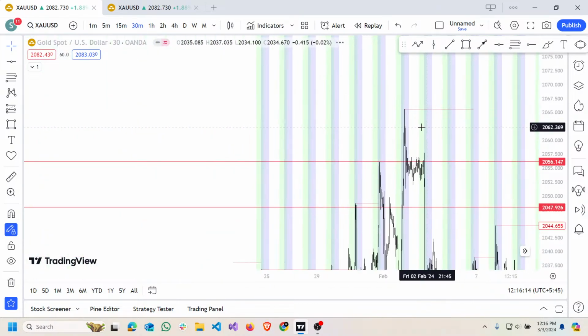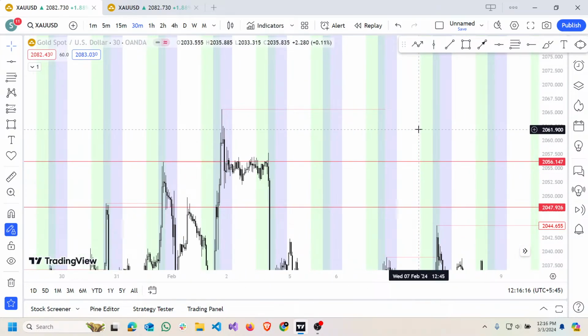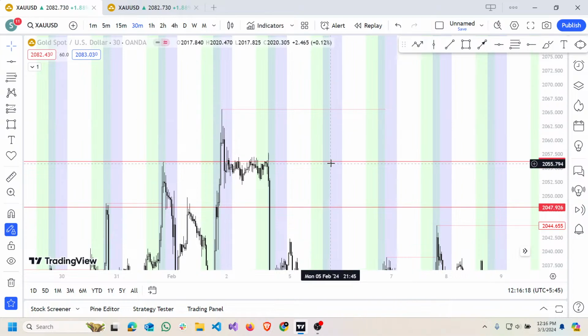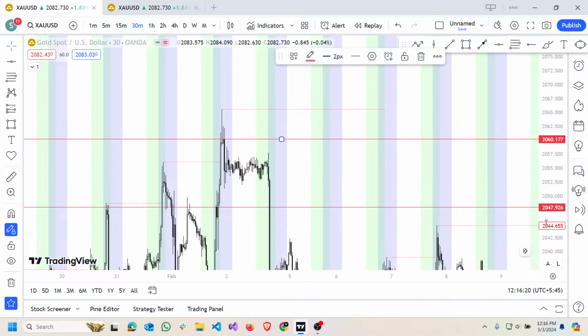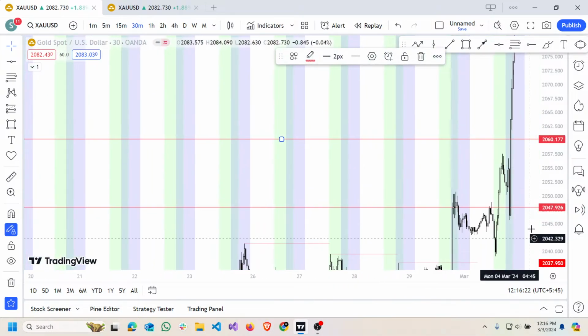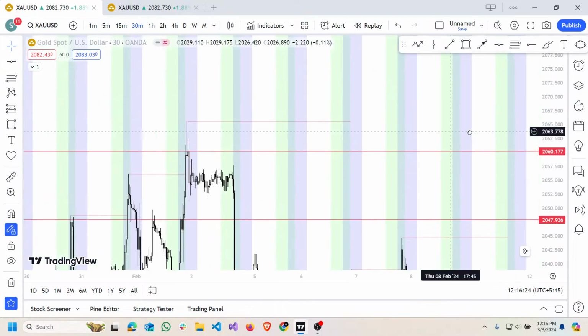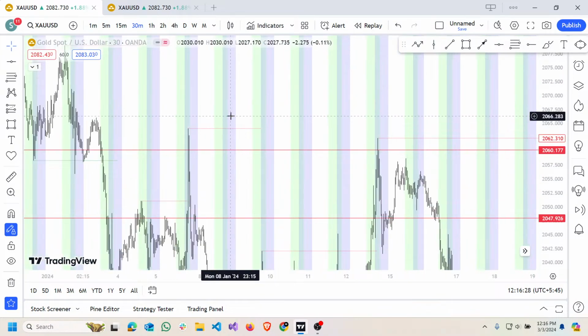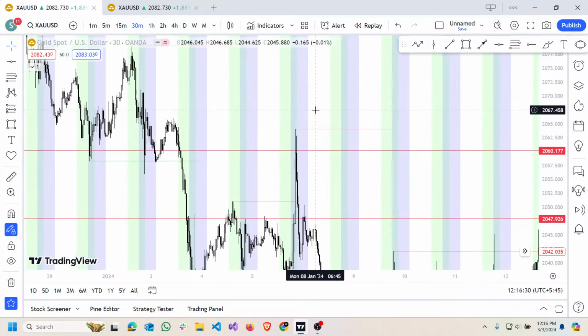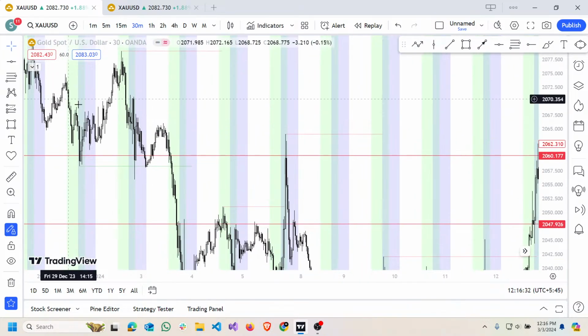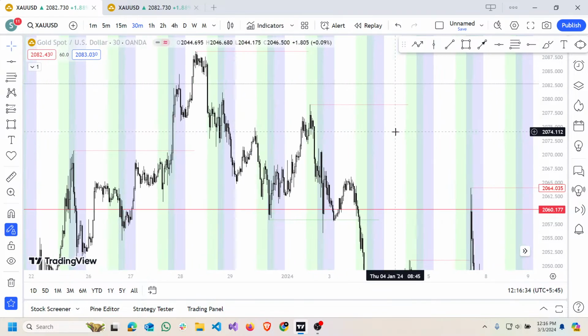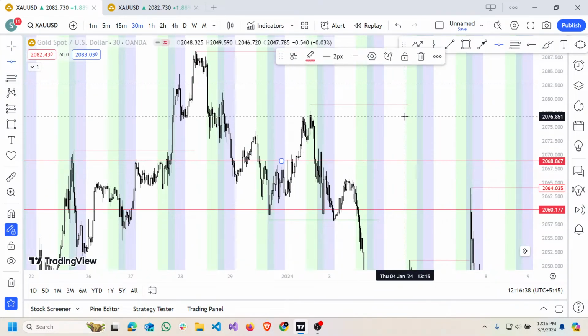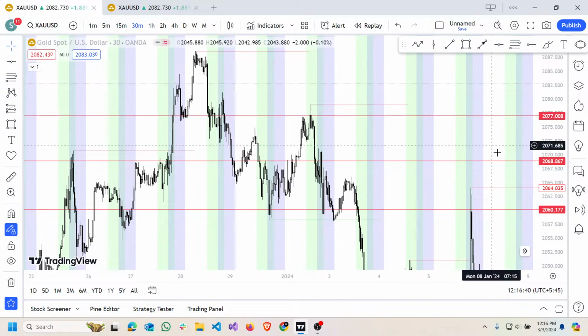So if we look left, again look, it closed above this also. If we closed above that, we have a minor resistance here and here. These are the next levels.